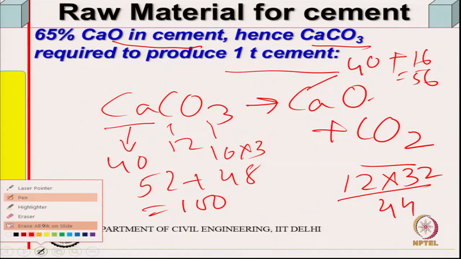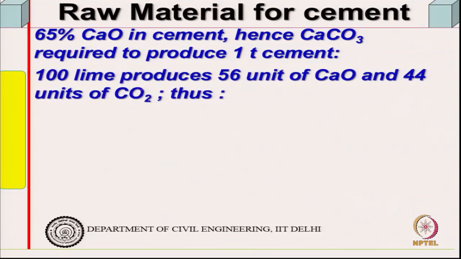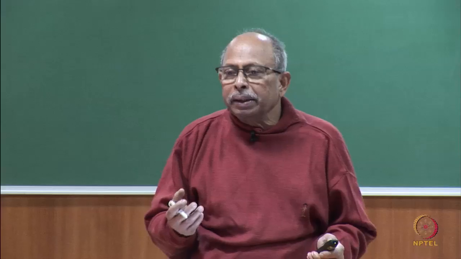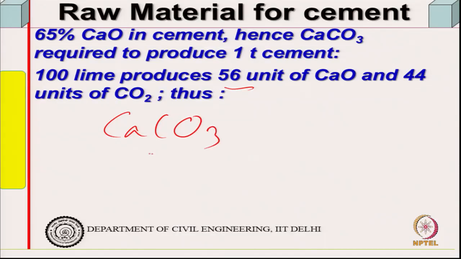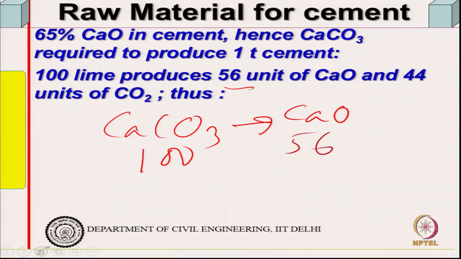Okay, let us quickly look at this. 100 of lime produces 56 units of calcium oxide, that is what we have seen. Calcium carbonate has a molecular weight of 100, and it produces calcium oxide 56 plus CO2 44.